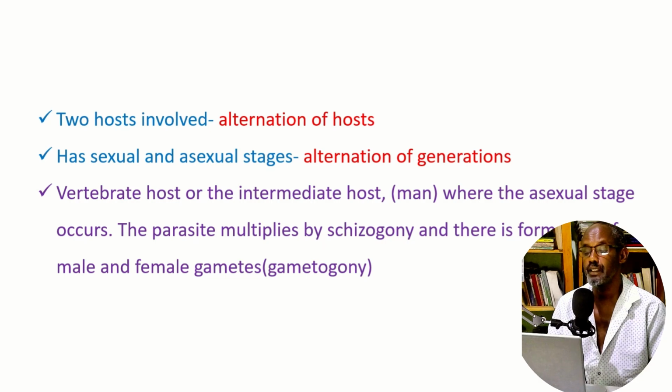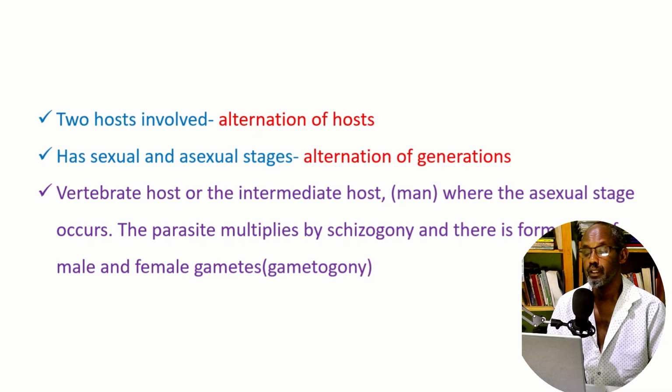The vertebrate host, or the intermediate host, in this case man, is where the asexual stage occurs. You see, I've tried to mention it in the liver cells and red blood cells of humans. The sporozoite undergoes a special type of asexual reproduction known as schizogony to produce merozoites.